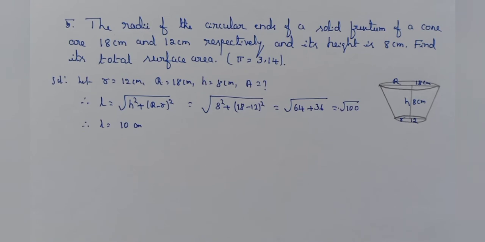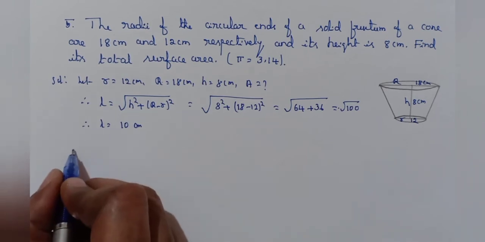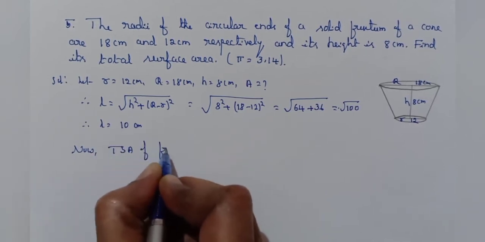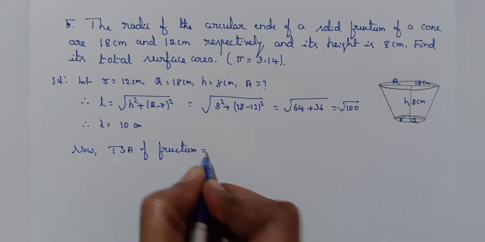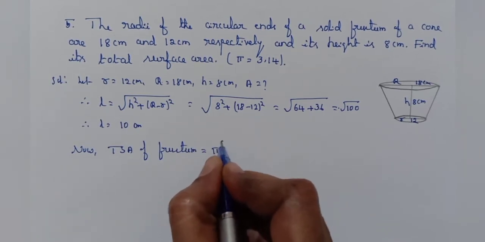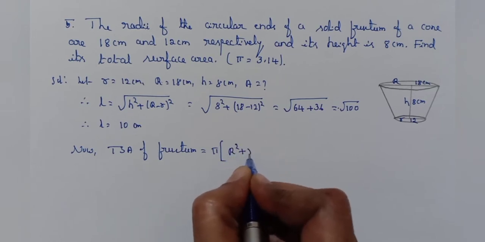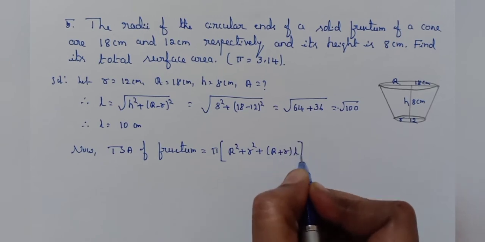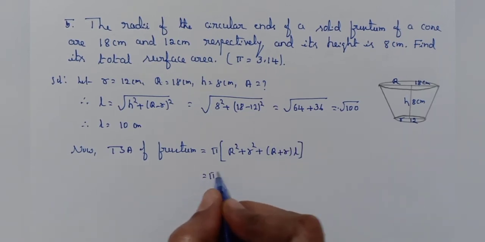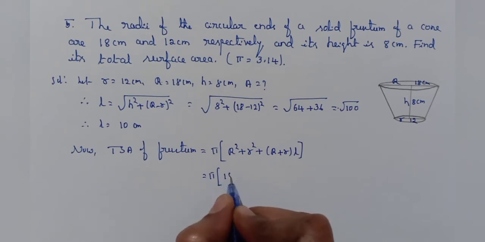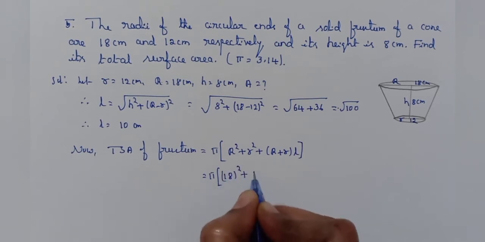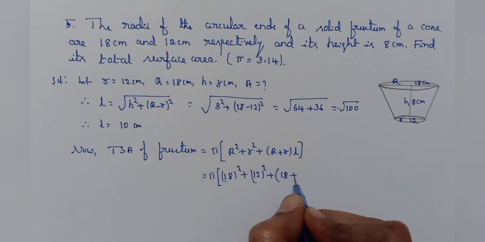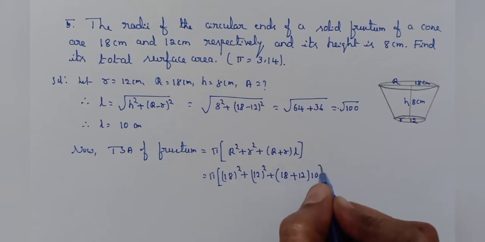Now, the TSA of the frustum. TSA of the frustum is pi into (capital R square plus small r square plus capital R plus small r) into L. So pi, R is 18 square, small r is 12 square, plus capital R 18 plus small r 12, and the slant height is 10.